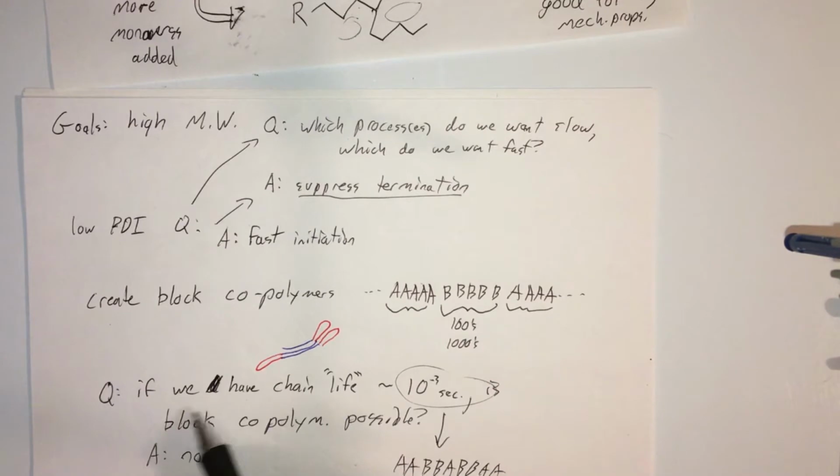So we can't get nice block copolymerization. We can still copolymerize, but it's got to be random.